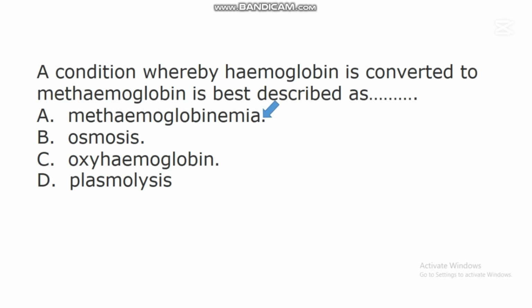Methemoglobinemia is a condition whereby hemoglobin is converted to what we call methemoglobin, and when this occurs, there will be accumulation of this methemoglobin in the body system, and there will be a serious problem in transporting oxygen from one tissue to another. So this condition affects the distribution of oxygen around the tissues and organs in the body system.